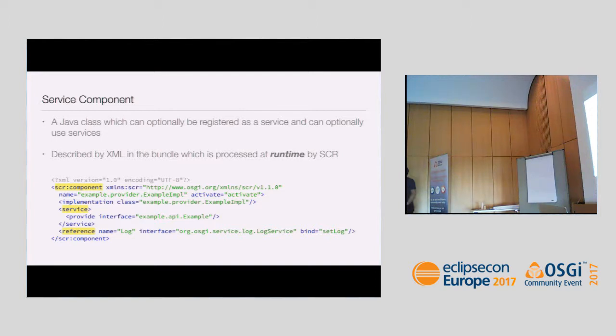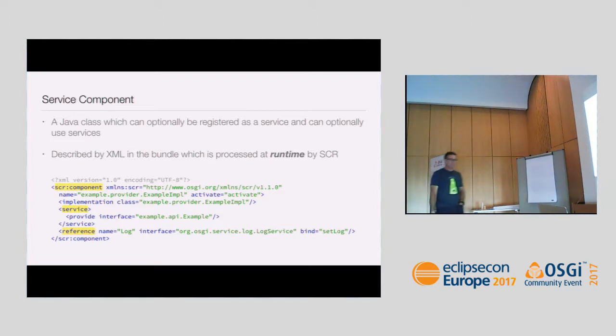So I can load an XML out of a bundle. I don't need to even have a class loader to do that. And so the XML has all the information that Declarative Services needs to operate your bundle. And so if your Declarative Services component offers a service and nobody uses your service, we never even have to load your class. Declarative Services will register a service on your behalf in case somebody ever needs you.